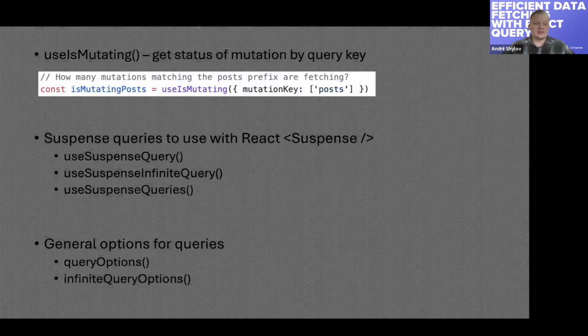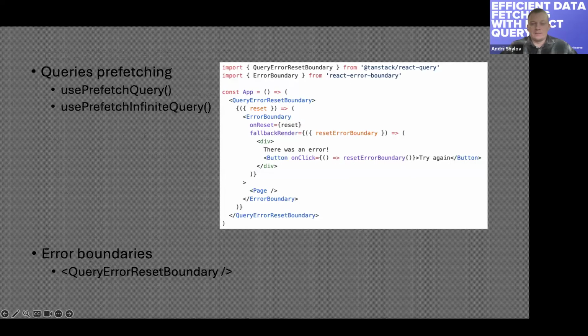Okay, also you can get these options, like query options and infinite query options, just to get the general options of your queries, because you can set up some general options globally. Then prefetching, in case you're really sure that you can prefetch a query before the render.